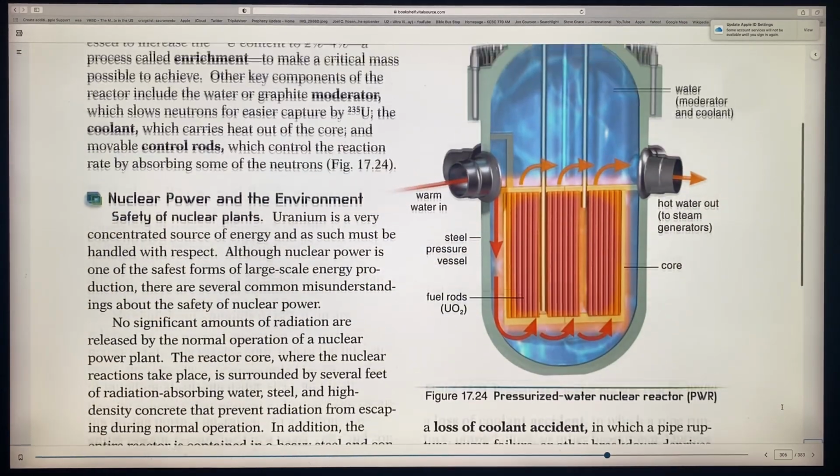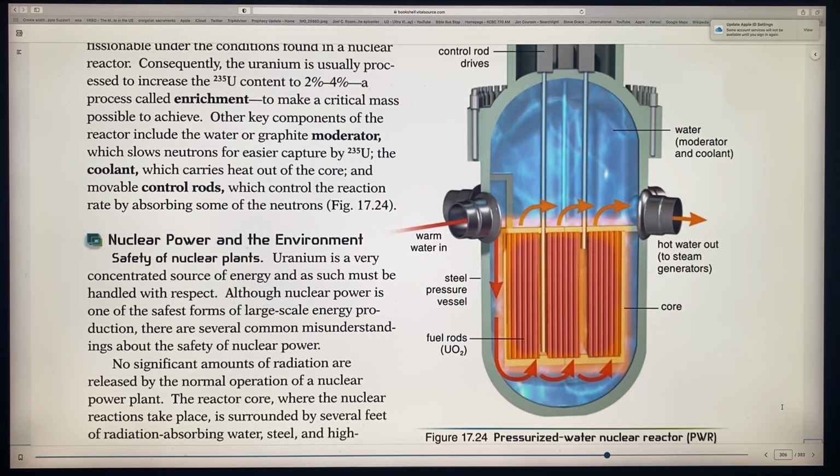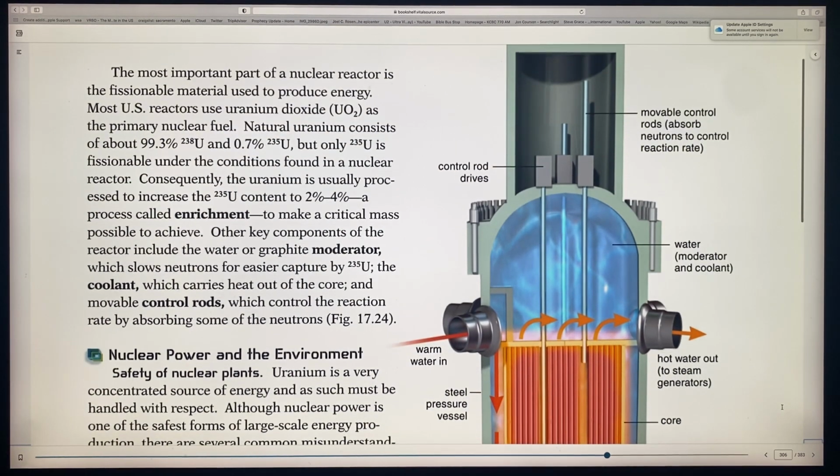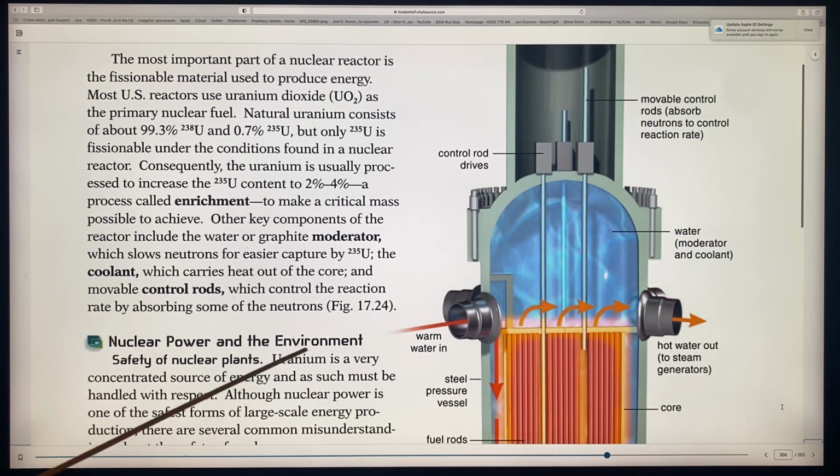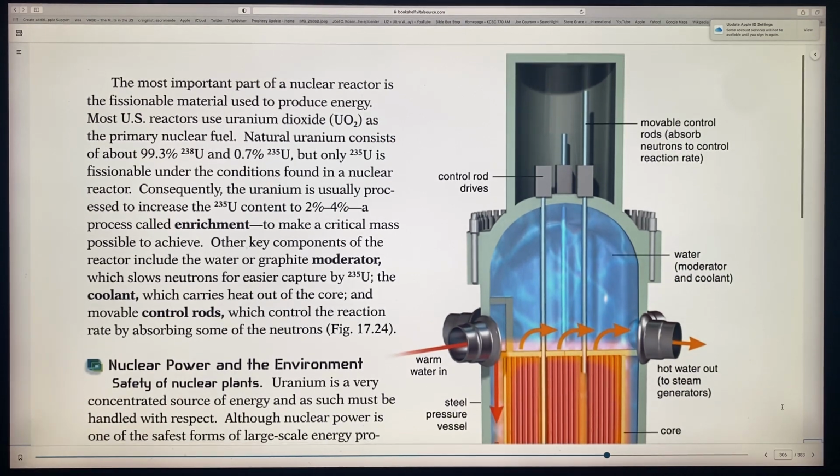So anyway, here's a picture here. Pressure water reactor, PWR. You can see here now we have movable control rods here and the control rod. The control rods are very important, just to say, because that controls the reaction. And here's the water moderator and coolant here in the top.